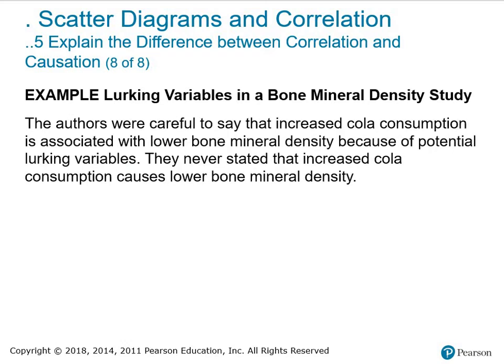The authors were careful to say that increased cola consumption is associated with lower bone mineral density because of the potential lurking variables. They never stated that increased cola consumption causes lower bone mineral density. Just like we learned before, we can never claim causation if we are using an observational study. We can only claim association.